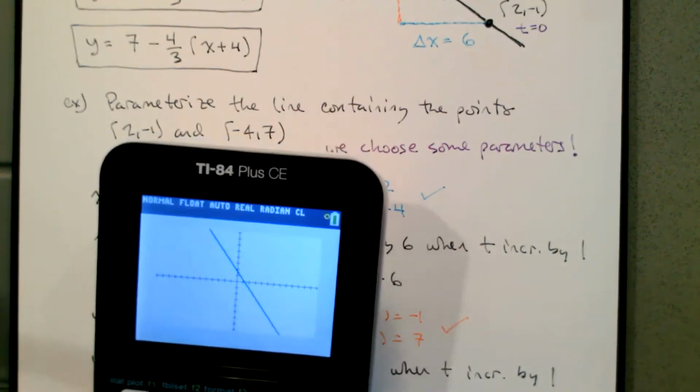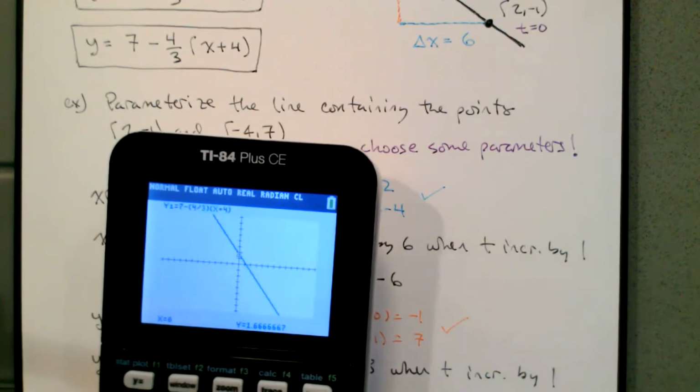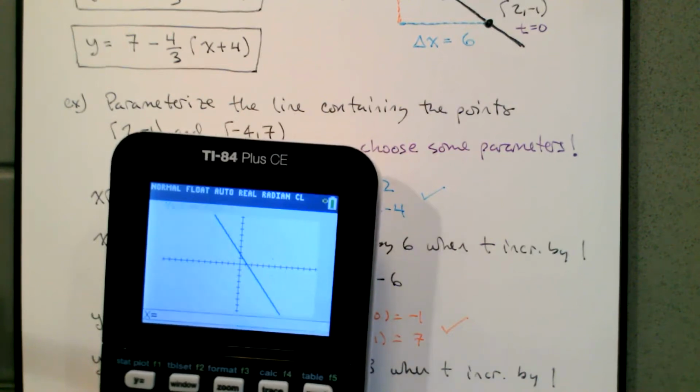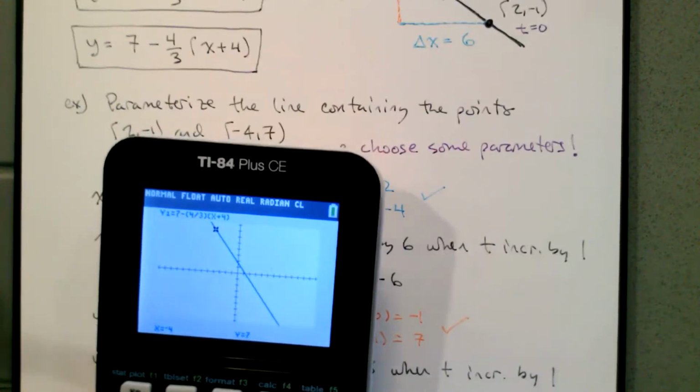All right. So there's my line. If I trace this, when x is equal to 2, y is equal to -1. When x is equal to -4, y is equal to 7. So this is the line that we're looking at.